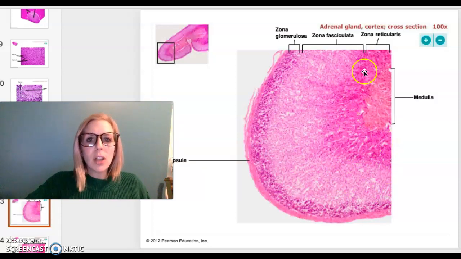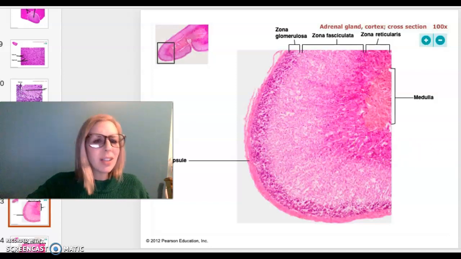And then the zona reticularis area, this inner area, it's kind of branching, so you can see it's not as typical as the zona fasciculata parallel pattern. It's more branching. And your sex hormones are going to be mostly androgens, which can be converted into estrogen and testosterone as well.